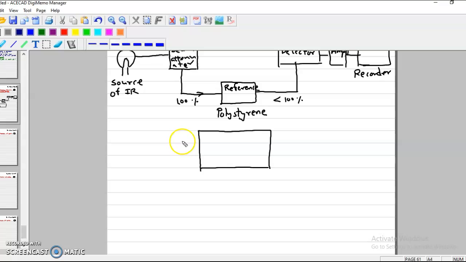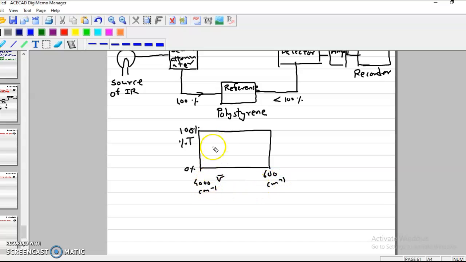Here on the y-axis we have percentage transmittance, 100% over here and 0% over here, and on the x-axis we have wave number, which starts from 4000 centimeter inverse to 600 or 500 centimeter inverse.